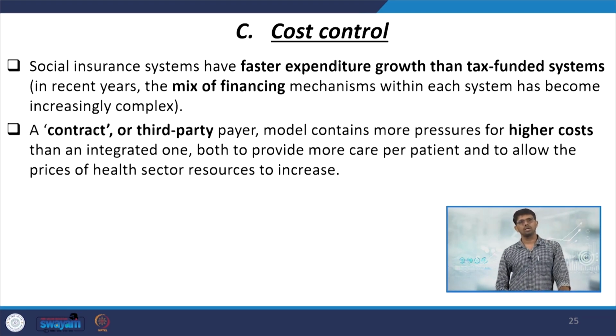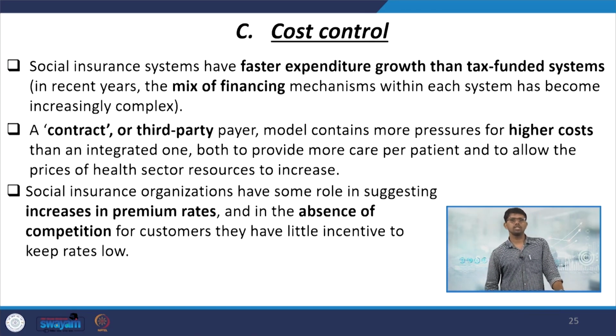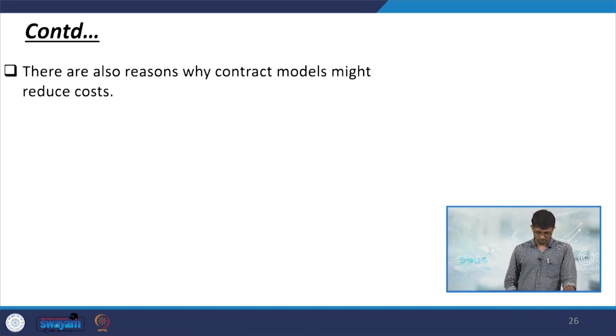A contract or third party payer model contains more pressures for higher cost than an integrated one, both to provide more care per patient and to allow the prices of health sector resources to increase. Social insurance organizations have some role in suggesting increases in premium rates also, and in the absence of competition for customers, they have little incentive to keep rates low.